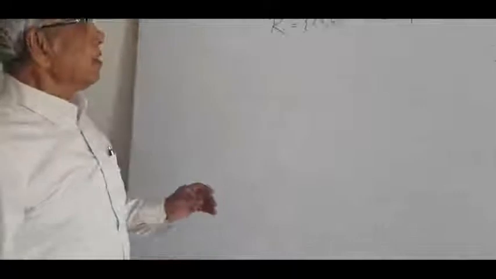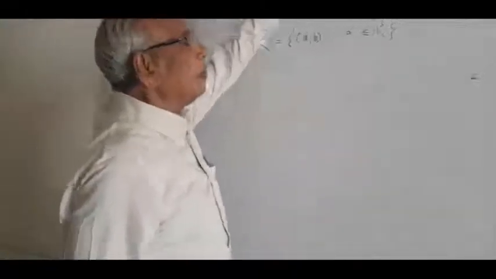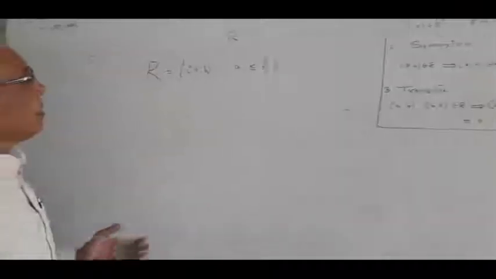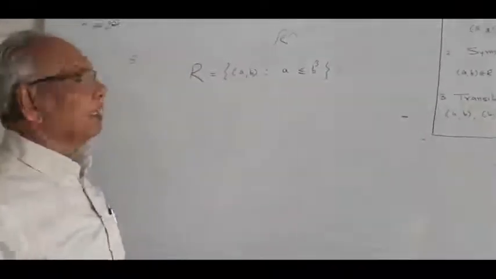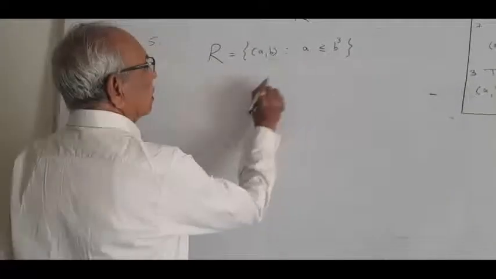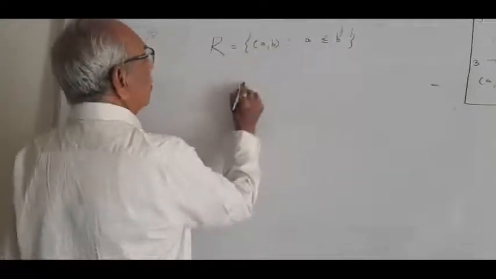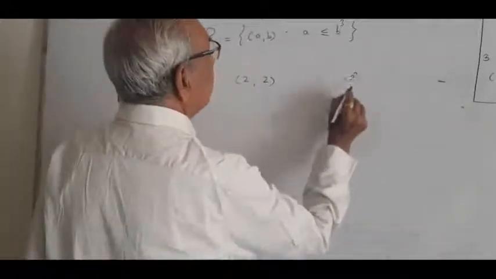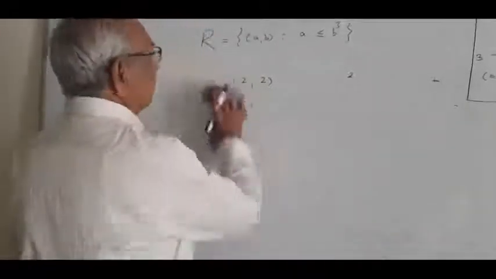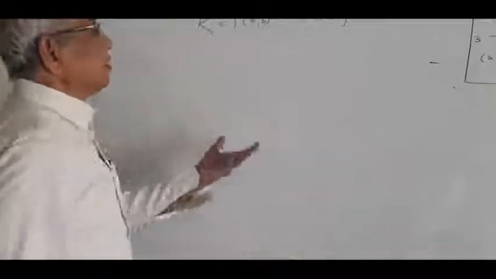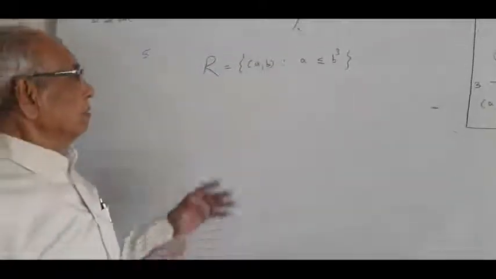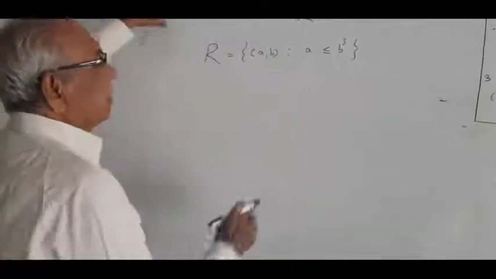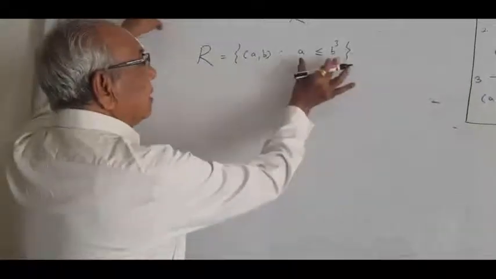a is less than or equal to b cubed. First of all, we want to think about reflexivity: a is less than or equal to a cubed. Is it true for every a? Let us take a equal to 2. Here 2 is less than or equal to 2 cubed is true. 3 is less than or equal to 3 cubed is true. Because when a and b are greater than 1, this is true.